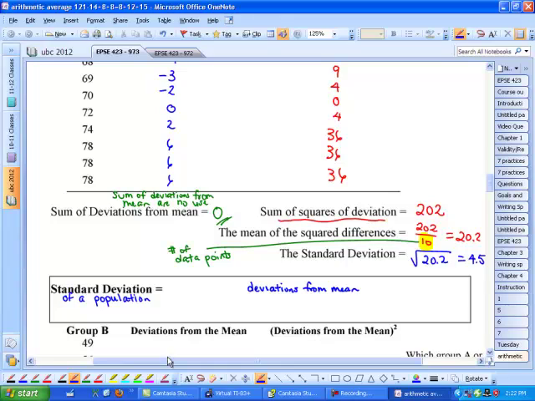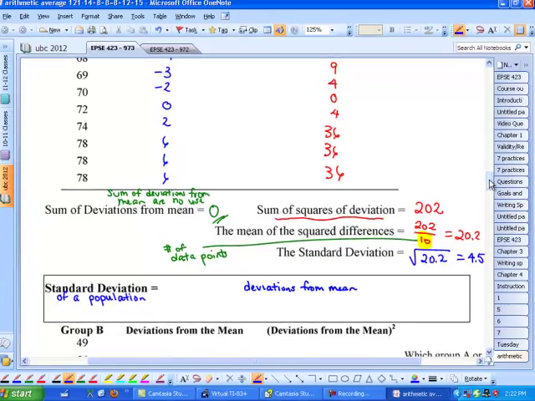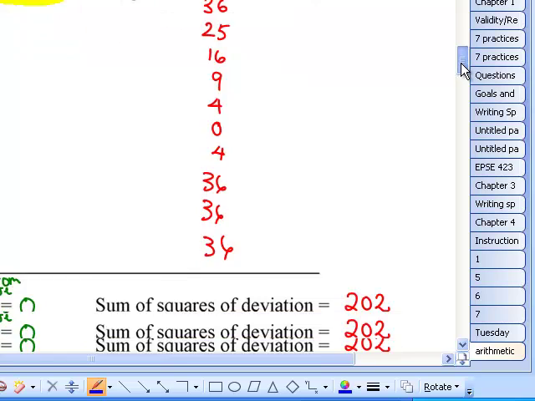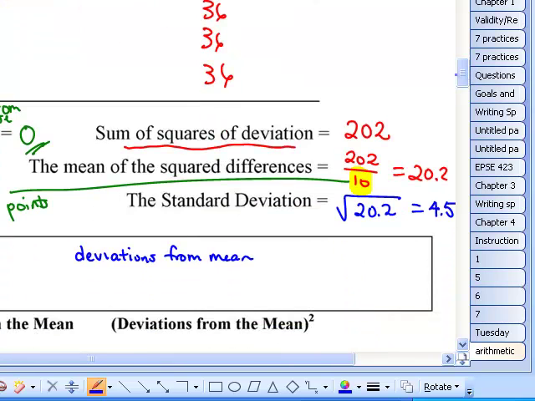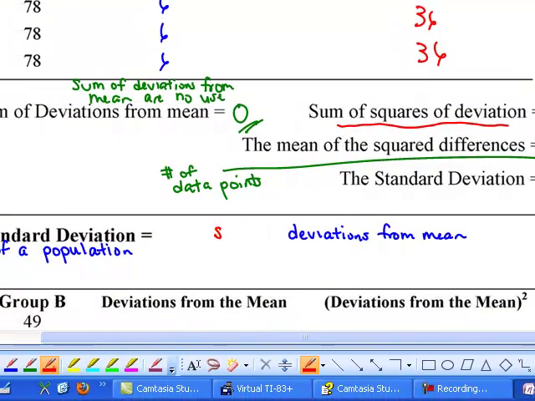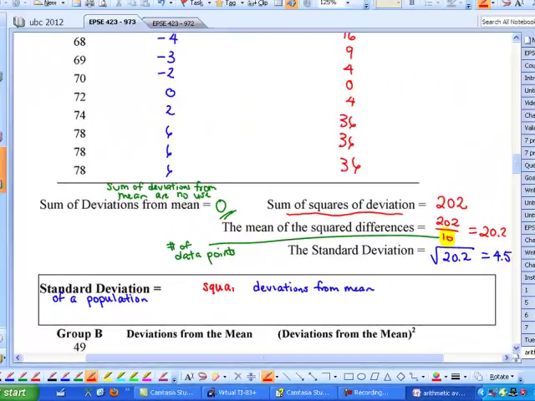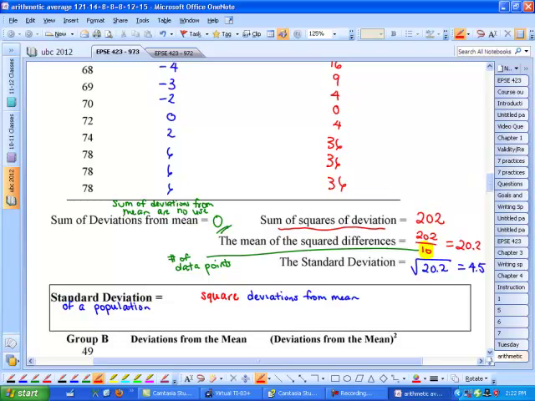And then what did we do? Well, that wasn't good enough, so we had to square them, and those are the numbers in red. So we squared the deviations from the mean. And then we did this part where we summed it, so now it's the sum of the squared deviations from the mean.